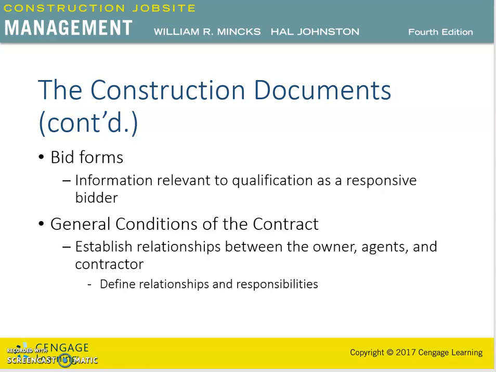The general conditions of the contract relate to a construction project as rules would relate to a football game. These conditions establish the relationships between the owner, its agents, for example architects and engineers, and the contractor, and define the relationships and responsibilities of the parties to maintain this relationship.